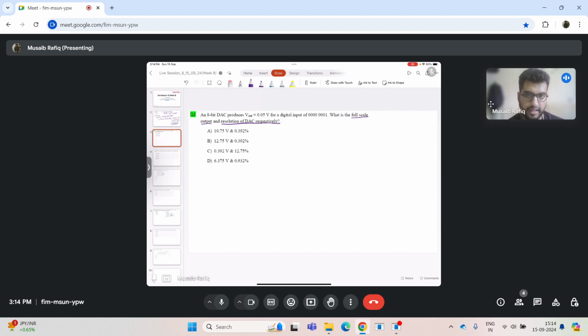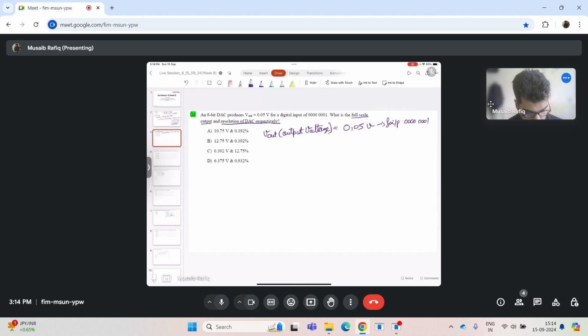It states that an 8-bit DAC produces V out equal to 0.05 volt for a digital input 1. What is the full scale output and resolution of DAC respectively? So given is we have the V out, that is the output voltage. Output voltage is given 0.05 volt for input 00000001.